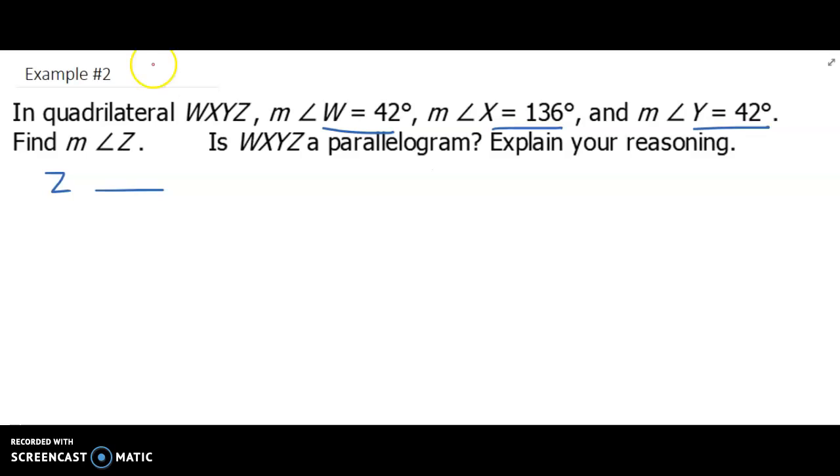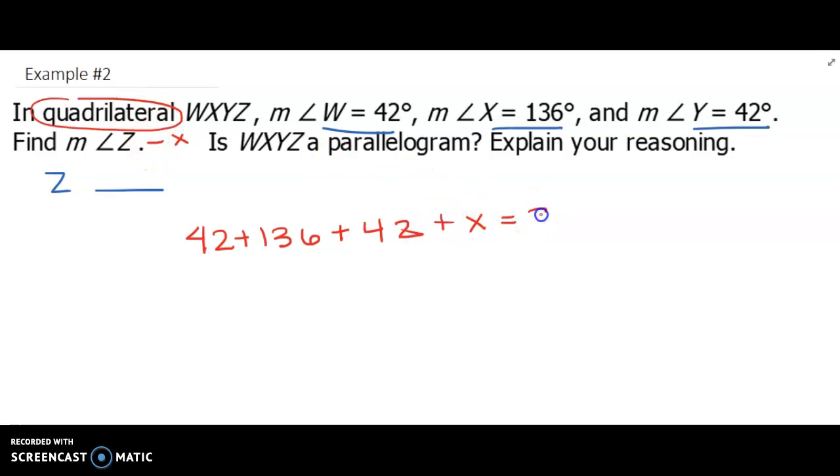Well, the only thing we know is true about all quadrilaterals is that their interior angles add to 360. So I can say 42 plus 136 plus 42 plus x, and I'm going to call this x because we don't know it, equals 360.